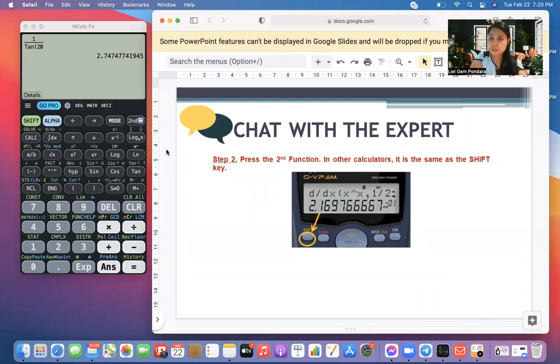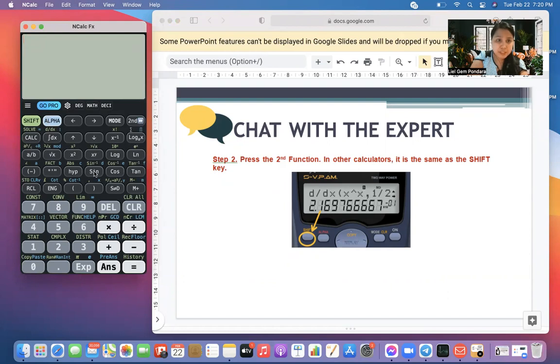How will you know if you pressed either shift or alpha? Let me show you with this calculator here. For shift here, it's color green. For alpha, it's color blue. So for example, you want the cotangent, the -1, then you press alpha.